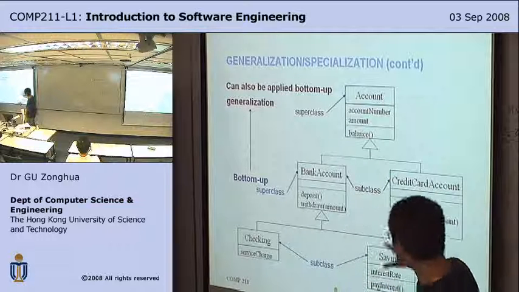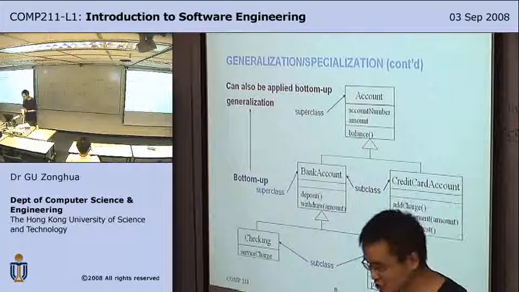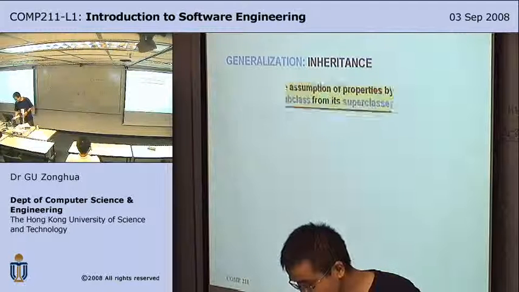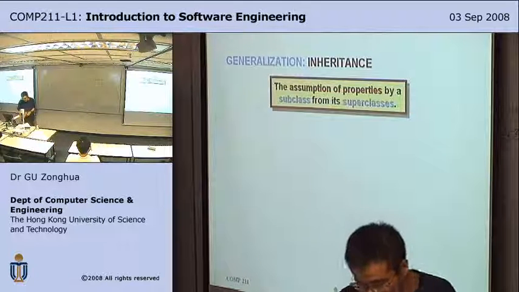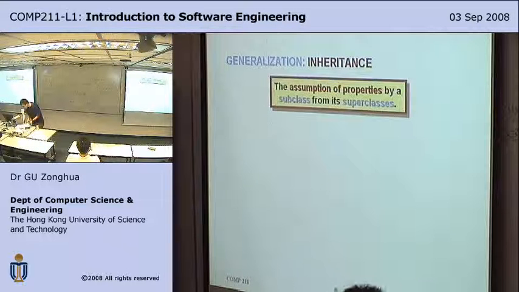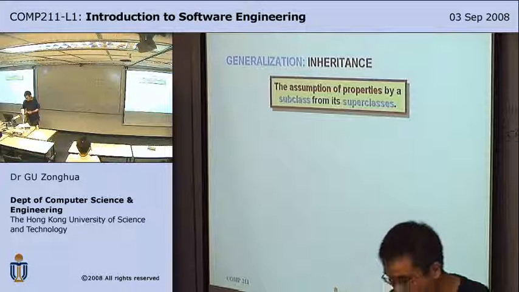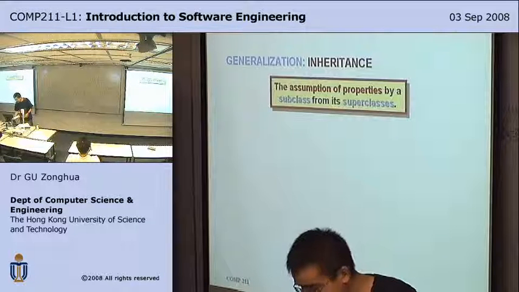So this can be a whole tree that's many levels deep. Inheritance is the assumption of properties by a subclass from its superclasses.